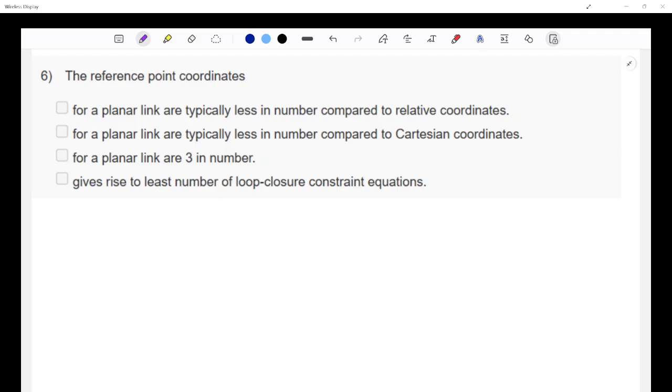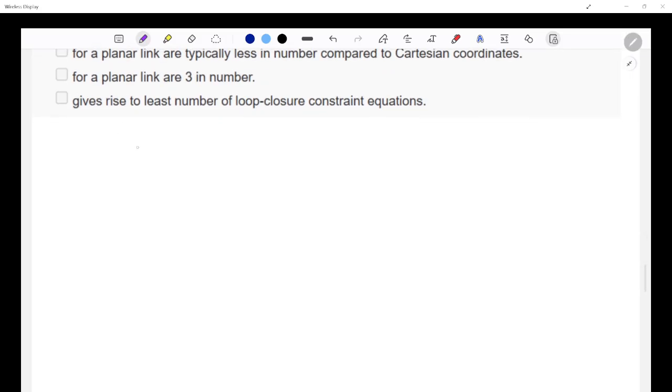What are reference point coordinates? What do we define for each link? Okay, so let's start from there and then we'll come to the options.